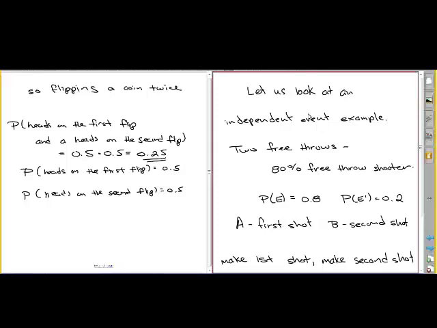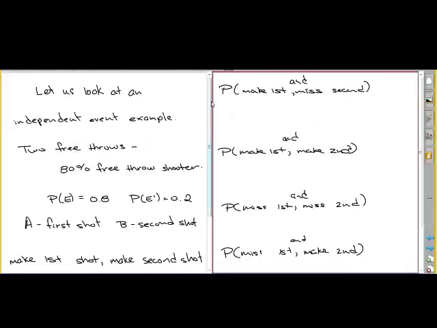Okay, anyway, so this is a person that has 80%, on average, free throw shooting. It's an experimental probability. So the probability of him missing his free throw is 20% or 0.2. So the question is, what's the probability of the four combinations here?